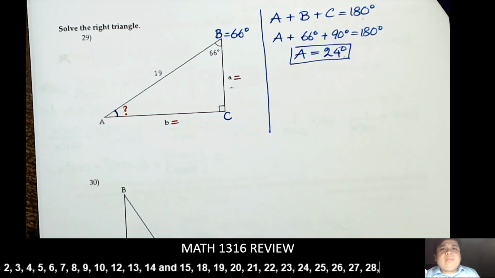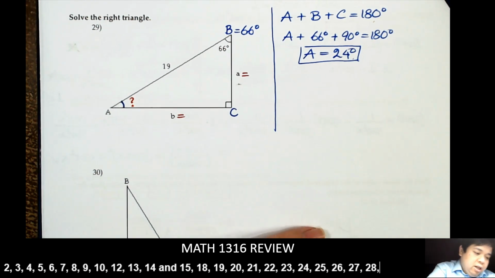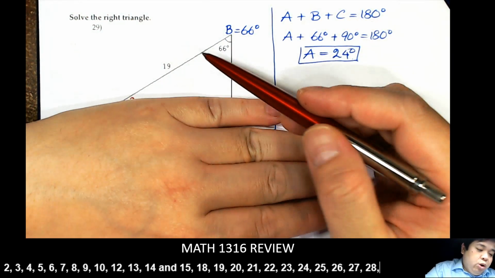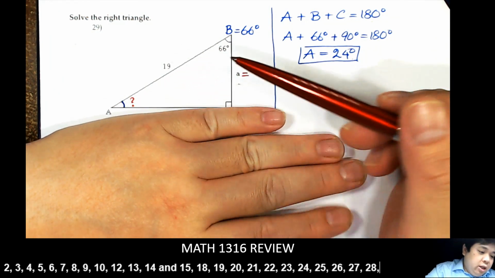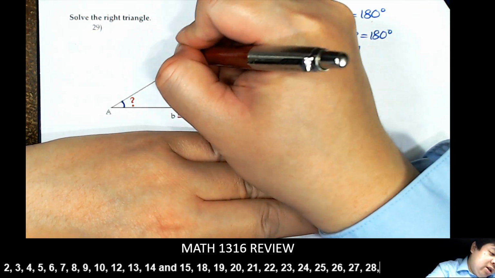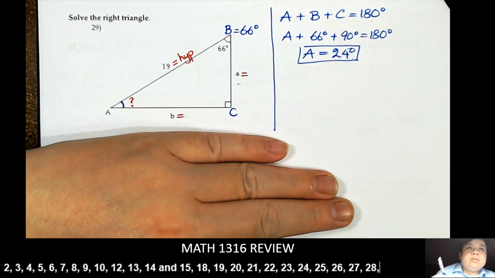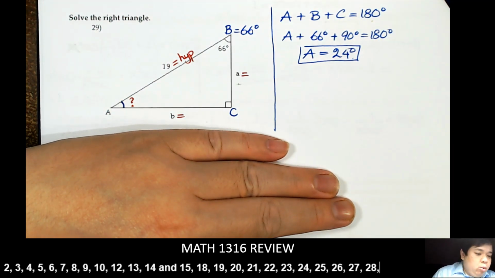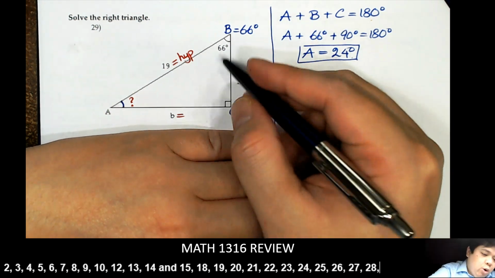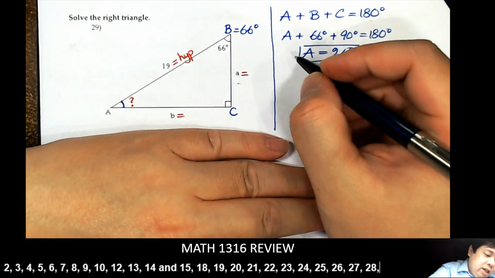Right. We have to use some trigonometry here. So we can use pretty much anything. So let's say we're going to use 19 for sure. 19 is the hypotenuse. So let's say we use 24 degrees or 66 degrees, doesn't matter.